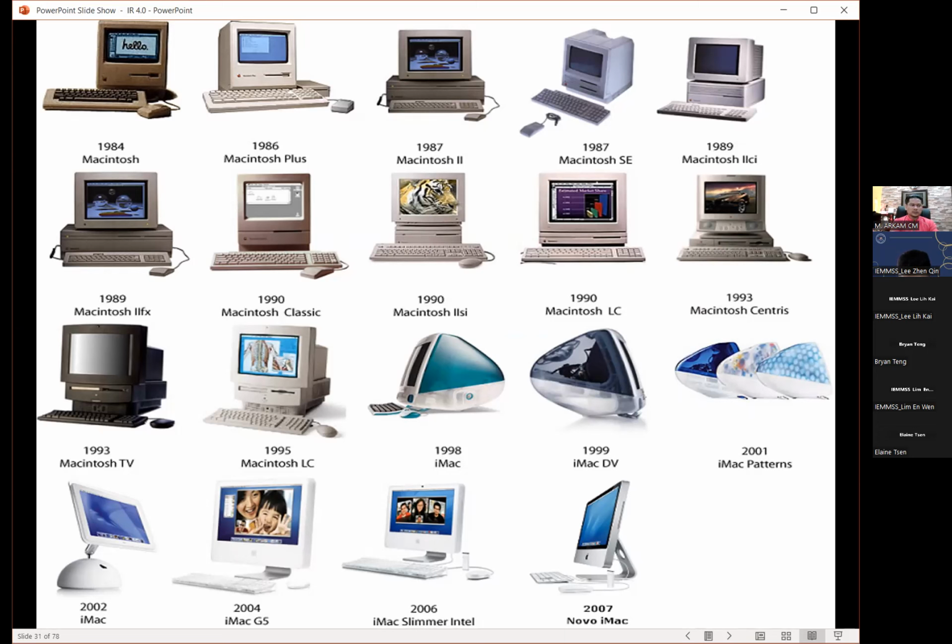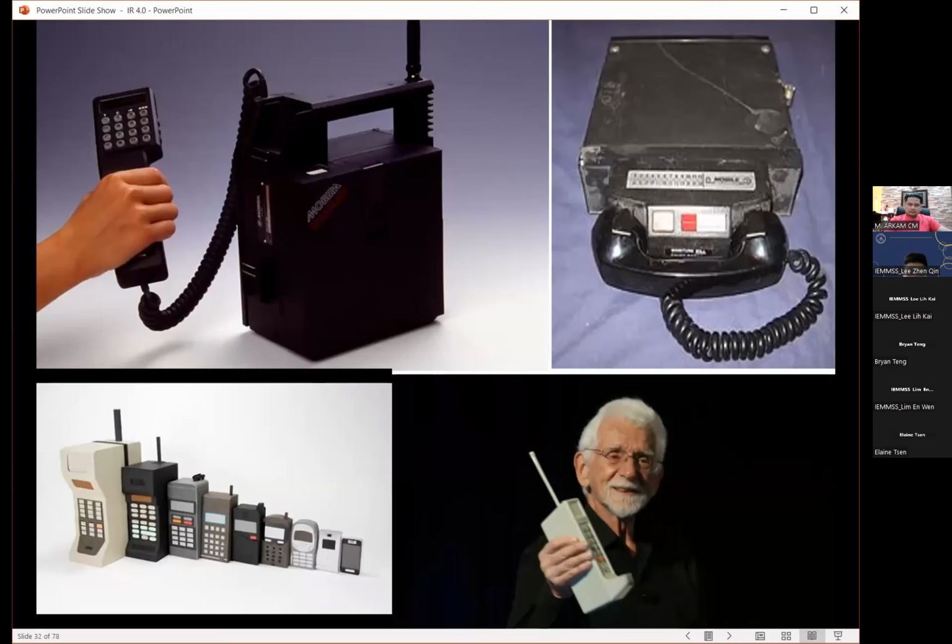There have been a lot of changes, of course, due to current technologies, current trends and current demand. And phone, this one is computer, this one is phone. I saw this kind of phone in 1994.